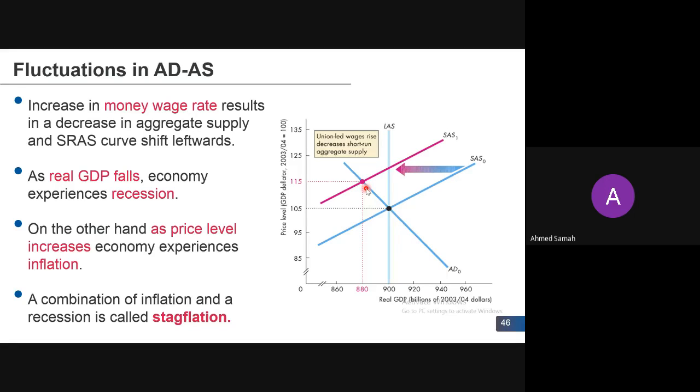So when there is a recession, meaning real GDP is below the potential GDP level, at the same time there is also inflation, meaning the general price level of the economy has risen. The combination of inflation and recession at the same time is called stagflation. So keep that in mind.